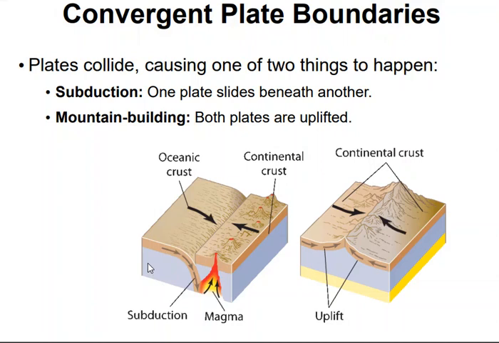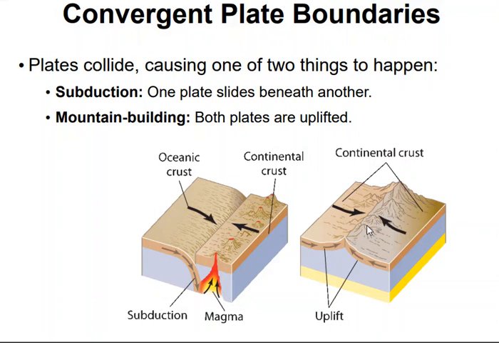The other thing that could happen, if subduction doesn't occur, is the two plates may collide, slowly lifting material from both plates, like right here, in a process called mountain building. Like the Himalayas, the world's highest mountains, which formed through mountain building.